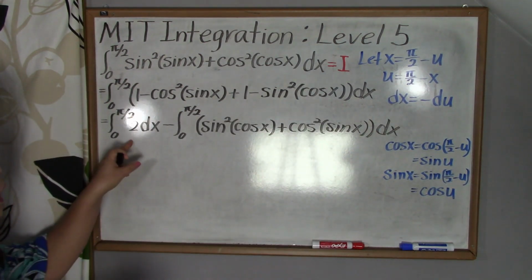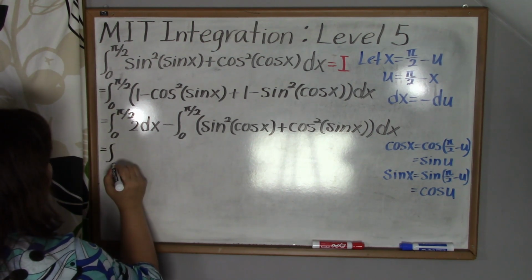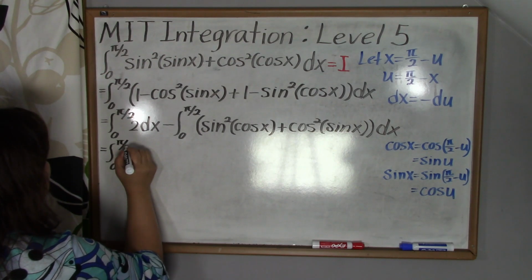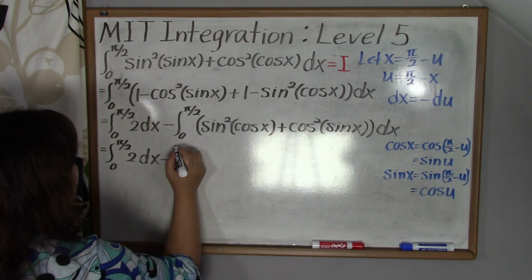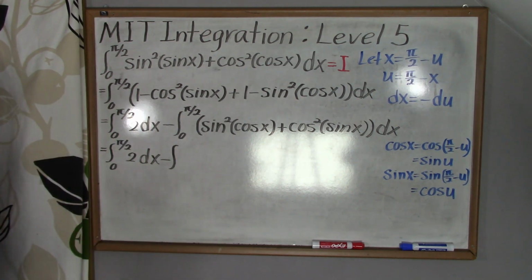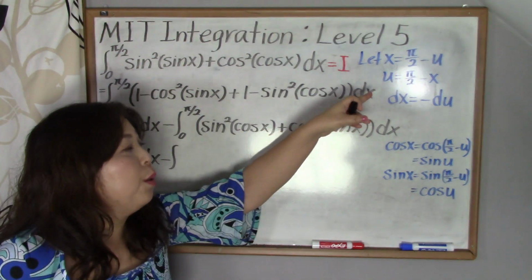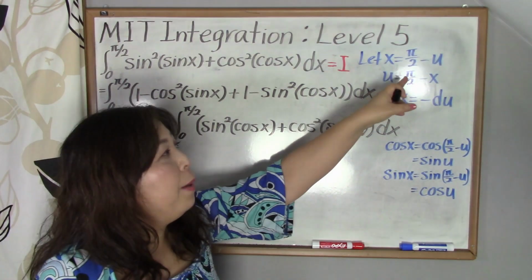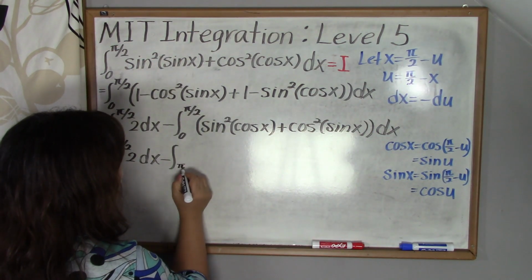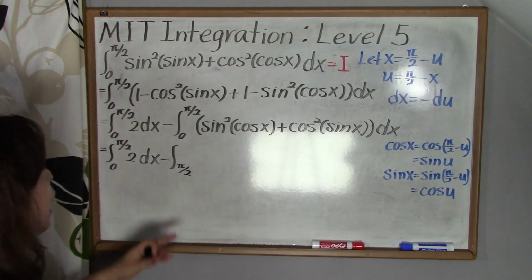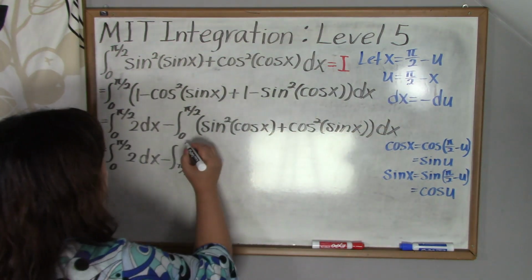However, this part is going to be the same. So I'm going to rewrite it here: equal to the integral from 0 to pi over 2 of 2 times dx, and minus the integral. The bounds are going to be different with respect to u. Lower limit 0 gives pi over 2 minus 0, which is pi over 2. So the lower limit of u is pi over 2. How about the upper limit? Pi over 2 minus pi over 2 is 0.